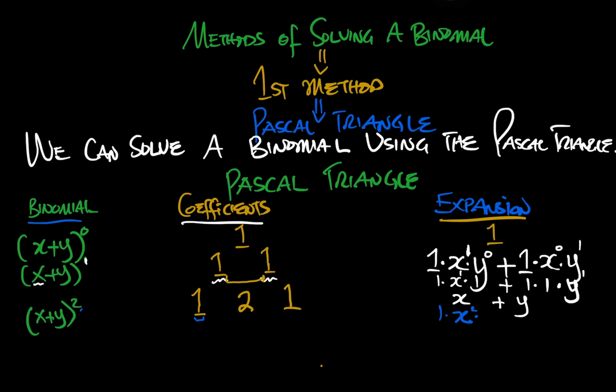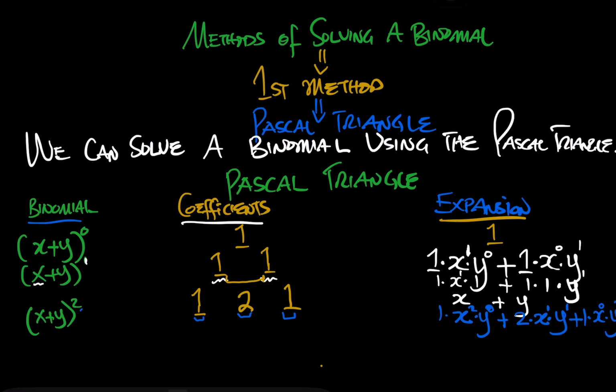Then y is going to take the least degree, which is 0, plus the second coefficient, which is 2, multiplied by x, which reduces in degree from 2 to 1, multiplied by y, which increases from 0 to 1, plus the last coefficient, which is 1, multiplied by x reducing to 0, and then y goes to the highest, which is 2.